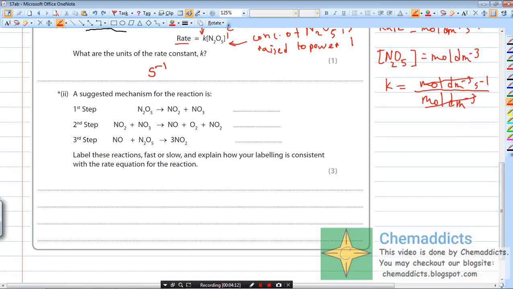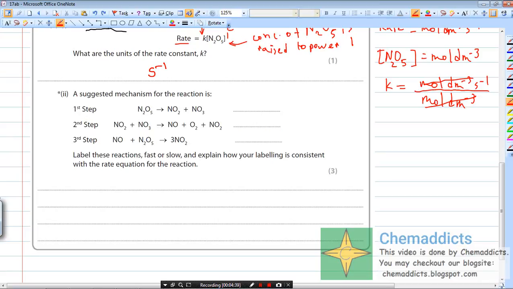All right, so a suggested mechanism for the reaction is this. This is the first step: dinitrogen pentoxide reacts to form nitrogen dioxide and nitrogen trioxide. Then nitrogen dioxide and nitrogen trioxide react to form nitrogen monoxide, oxygen and nitrogen dioxide.